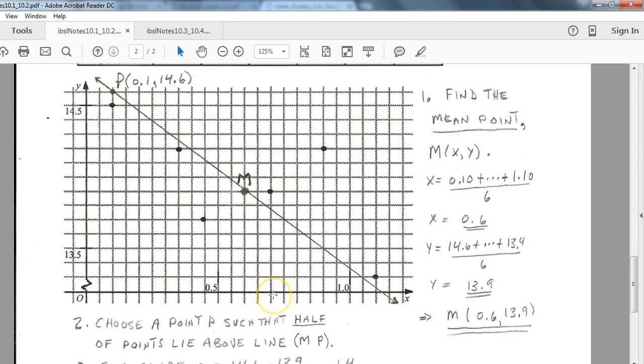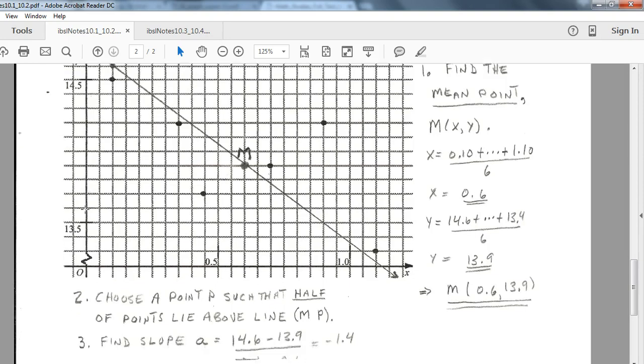Or if I have 7.5 years, how much sleep do I expect to get? Here's 7.5 years, therefore this is how much sleep I think I would get. We can now use our information to estimate other data values that we'd want to come up with.